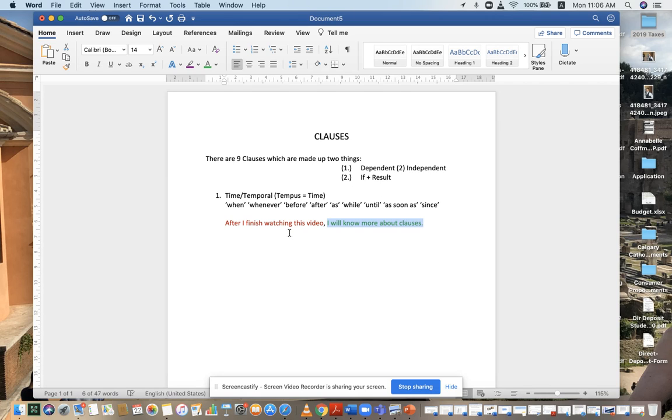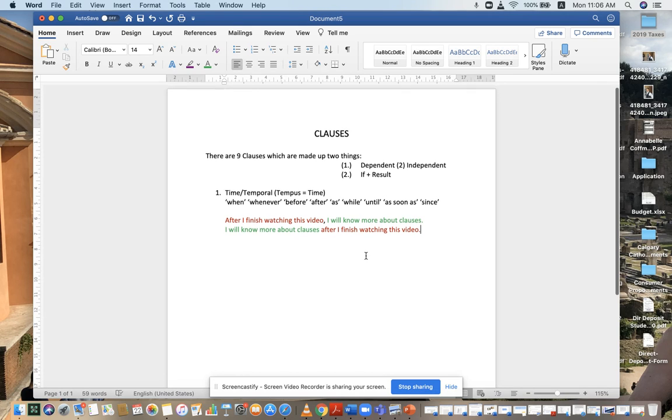But if you reverse this, so if I do, I will know more about the clauses after I finish watching the video, you now do not need a comma because the adverb, this one right here, the adverb after, separates both of these dependent and independent sentences. Okay, so I hope this makes some sense for you so far. Okay, so this is an example of a temporal clause.